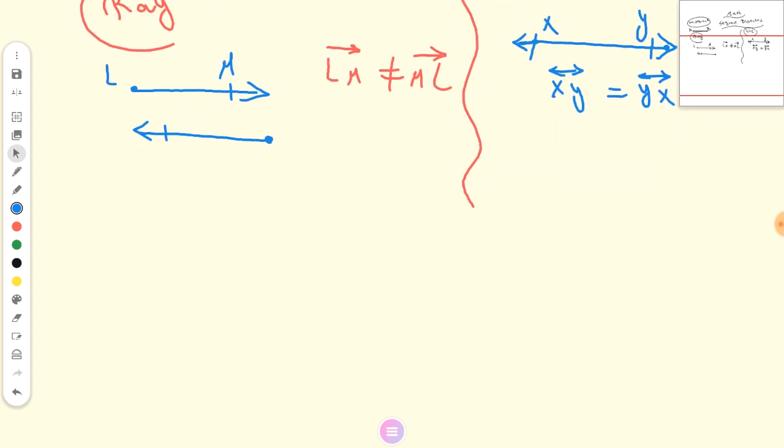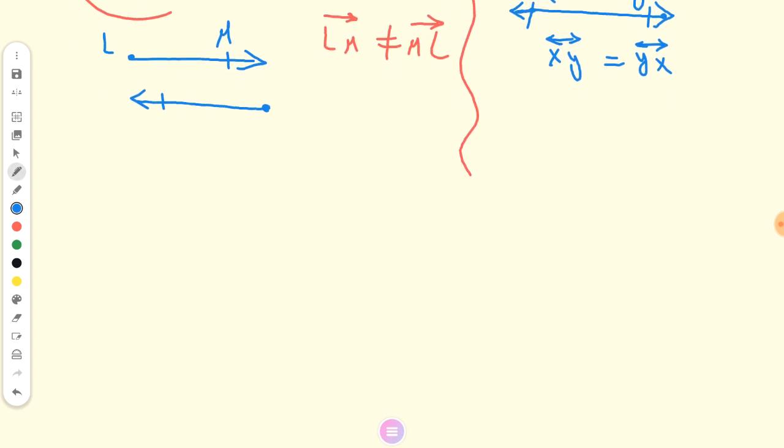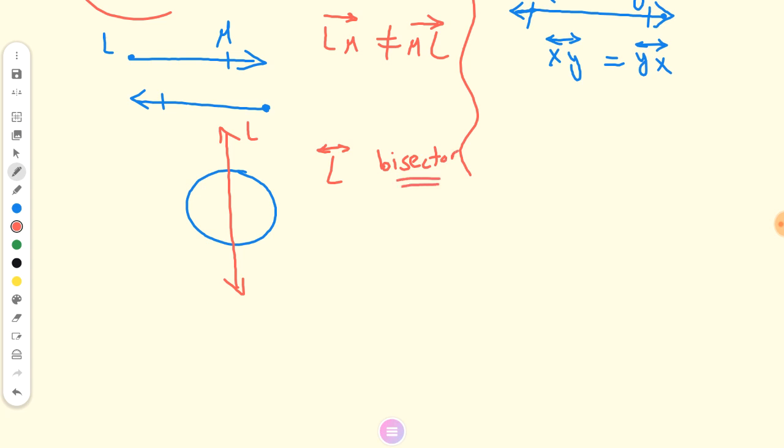For example, I can draw a geometric shape like this, and I can divide it into two congruent parts. Then I can name this line L. L is called the bisector that divides the shape into two congruent parts.